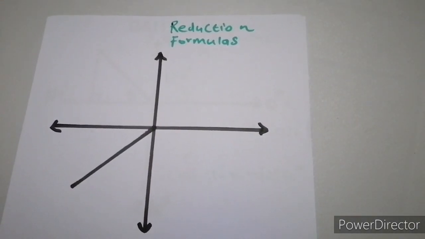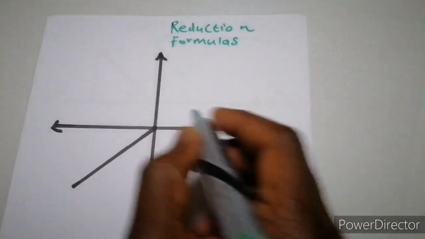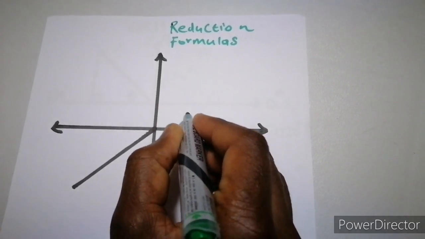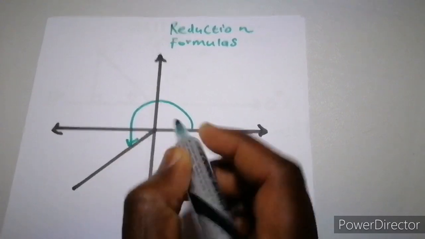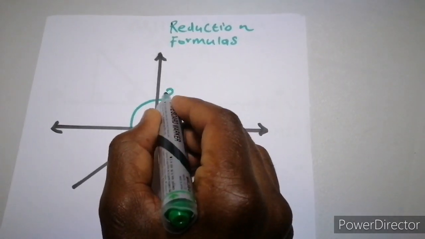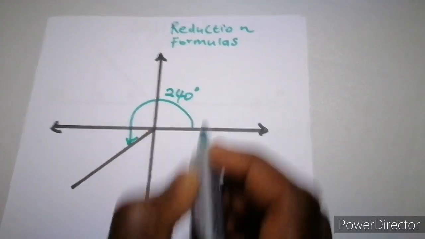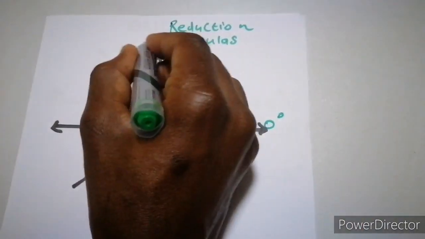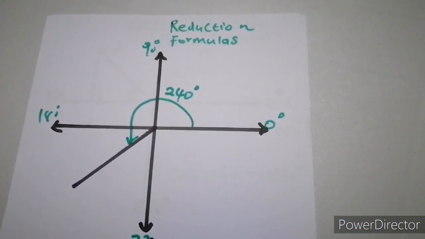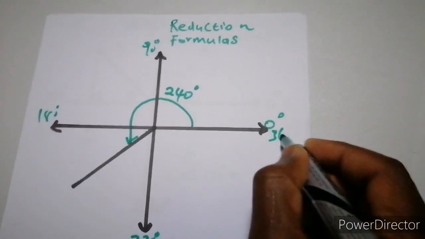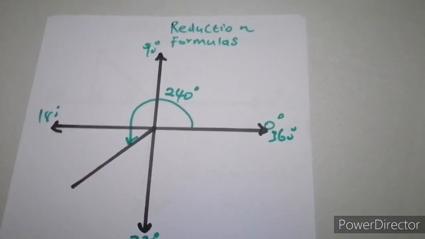Here is another example. From the actual positive x-axis all around, let's say this angle is 240 degrees. 0 degrees, 90, 180, 270, 360 when we rotate the arm.